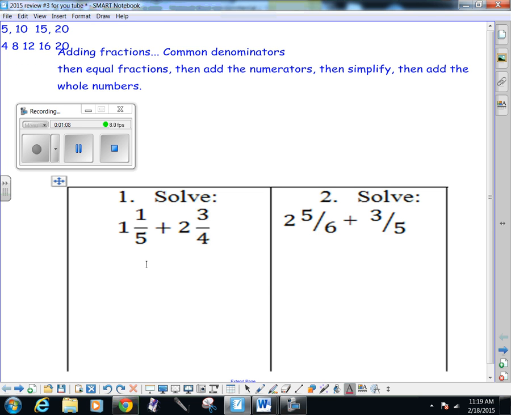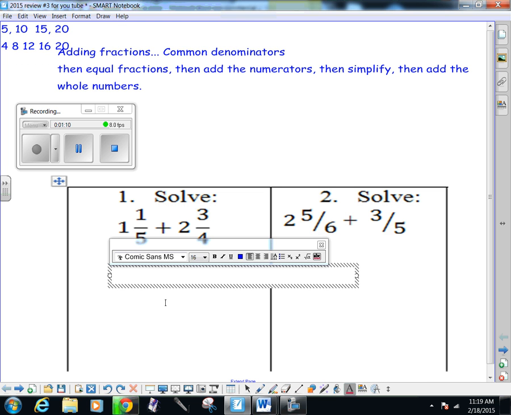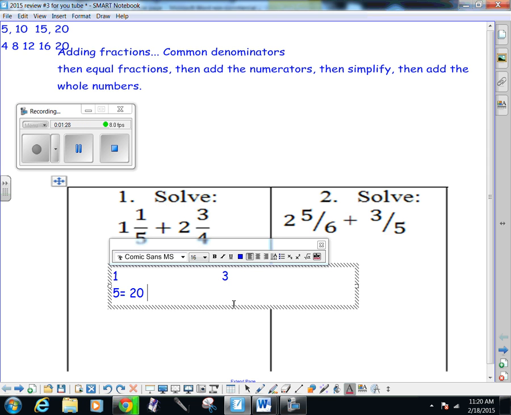So I write down my fraction. So I've got the fraction 1 over 5, and my denominator I know is going to be 20. And then over here I've got 3 over 4, and once again my denominator is going to be 20.